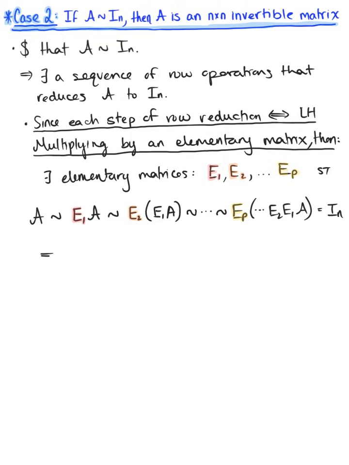So in other words, if we left-hand multiply matrix A by this sequence of elementary matrices, then what we're left with is the n by n identity matrix. Beautiful.